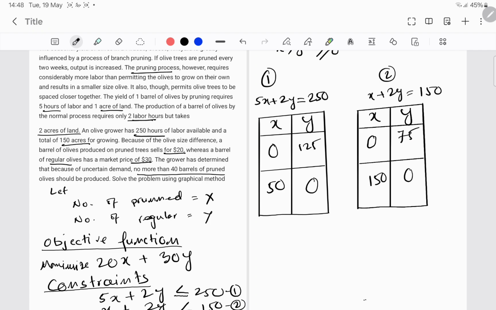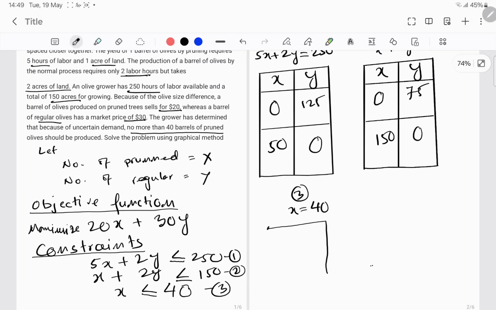Now I need to calculate in here. And for equation number 3, let me show it one more time. Equation number 3 is x equal 40. So whatever the value of x, whatever the value of y, x is always 40. Let me write one more box in here. I think it will be easier to draw rather than saying.